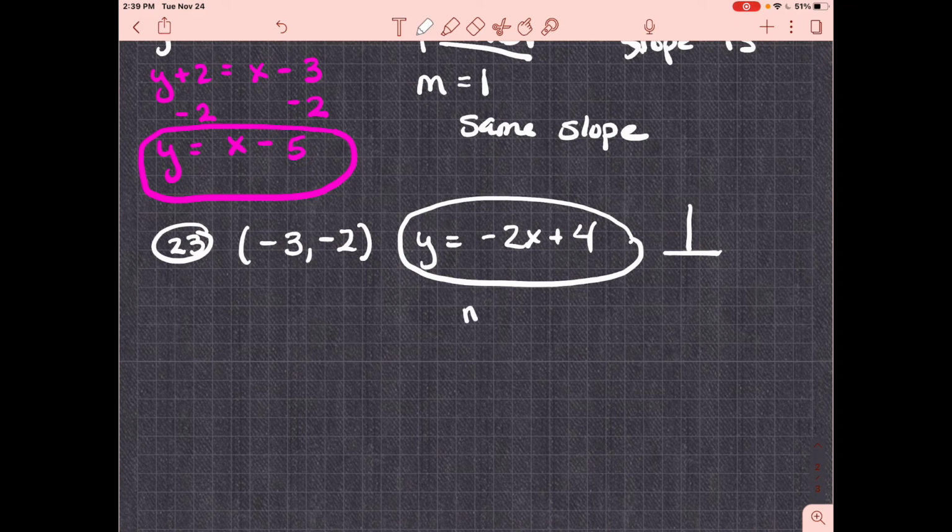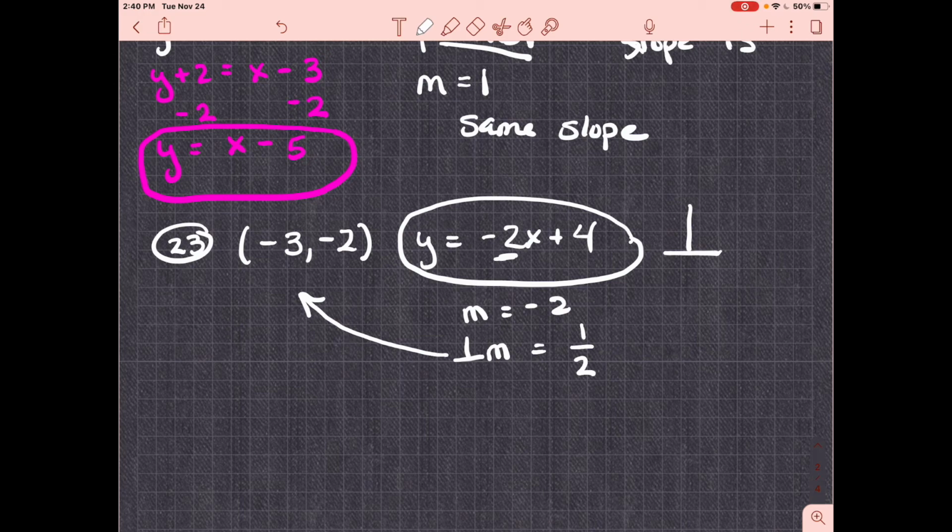The slope of this equation is negative 2. Can you see that? y equals mx plus b. If the slope of this equation is negative 2, then the perpendicular slope for my equation is going to be the opposite, which is going to be positive, and the reciprocal, which is going to be 1/2. So opposite, change the sign.